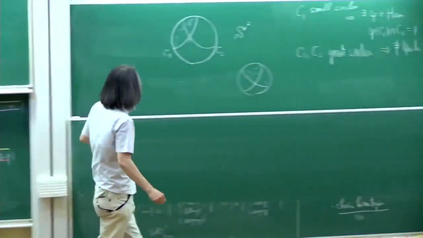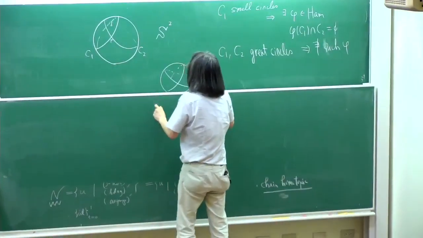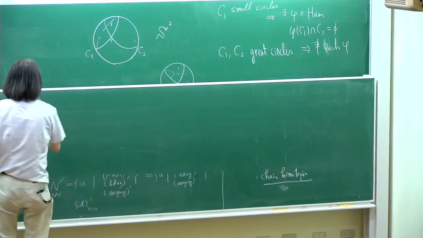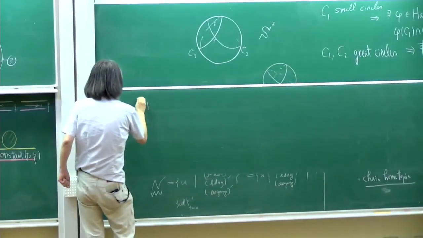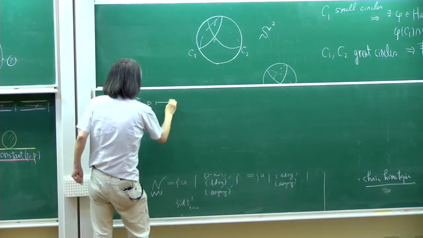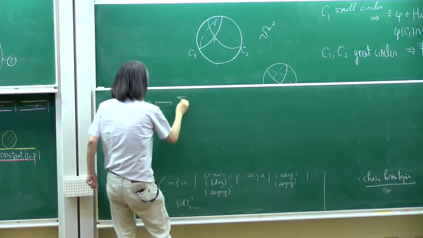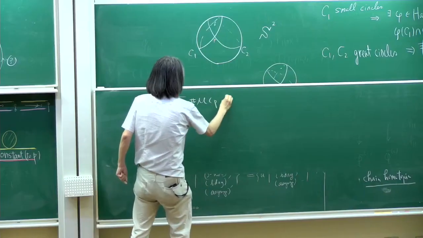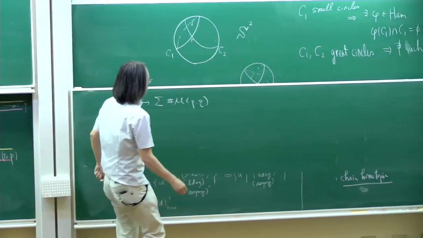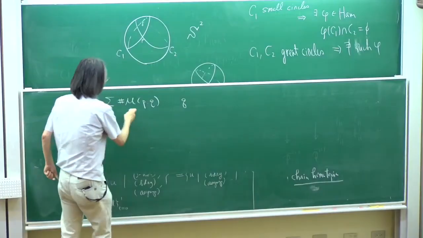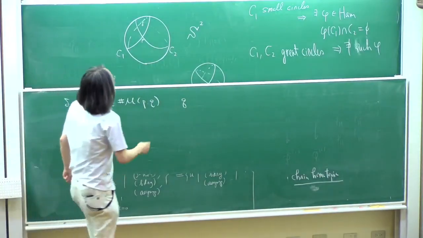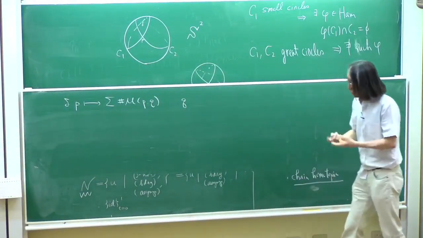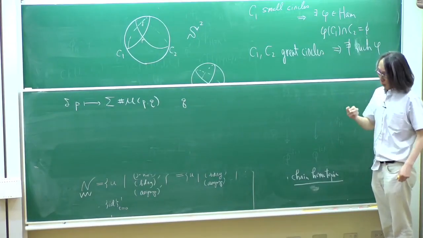For simplicity, actually we can do the following. I said delta of P goes to something. I wrote P and Q, and then I want to put some coefficient here. So this is just a number, but maybe I also encode the area of the class.